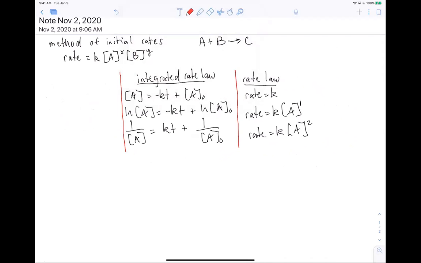Let's call this the order of the reaction. So it's 0, first, and second. The only other thing that we're concerned about is the half-life.